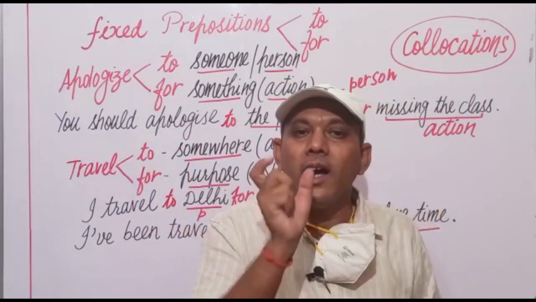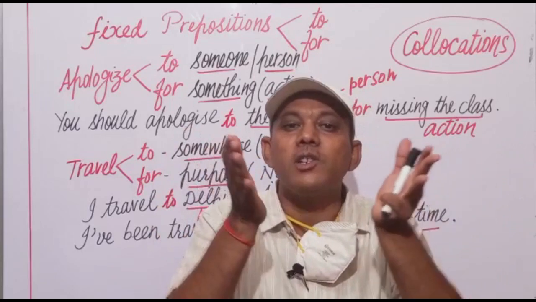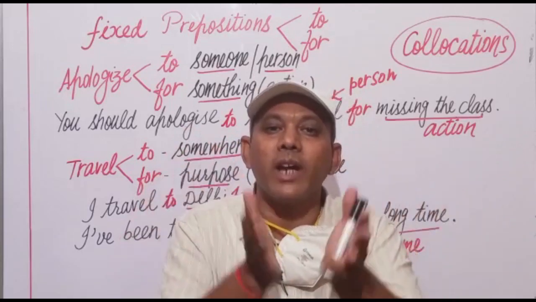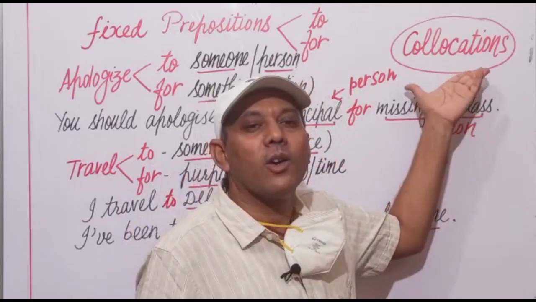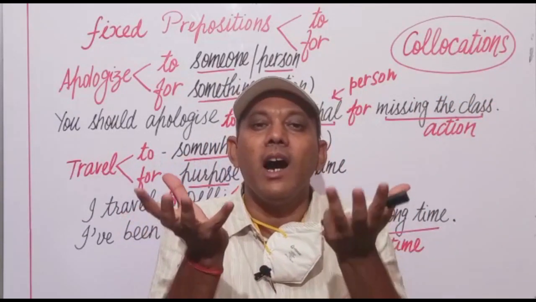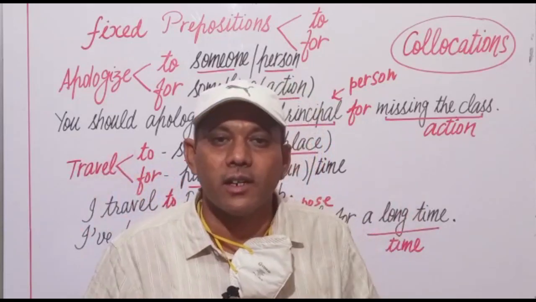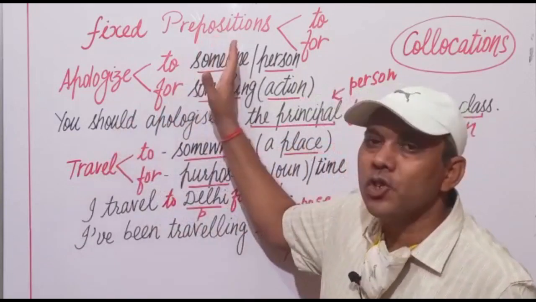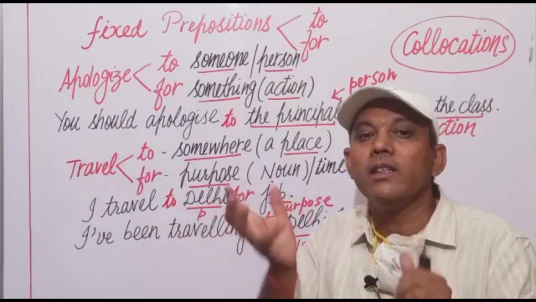Collocation means two or more words usually used together. For example, a certain word is used with another specific word, that is known as collocation.